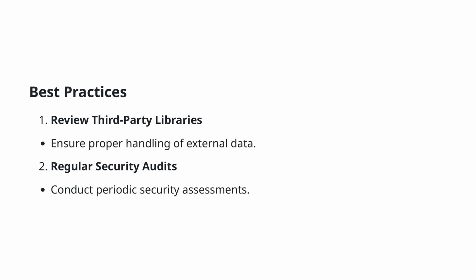Second, conduct regular security audits. Periodic security assessments help identify new vulnerabilities, ensuring that your security measures stay up to date and effective against emerging threats. Implementing these best practices will bolster your defense against SSRF vulnerabilities by addressing potential weaknesses in both external dependencies and your overall security posture.